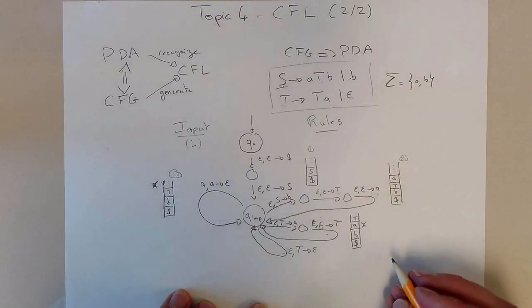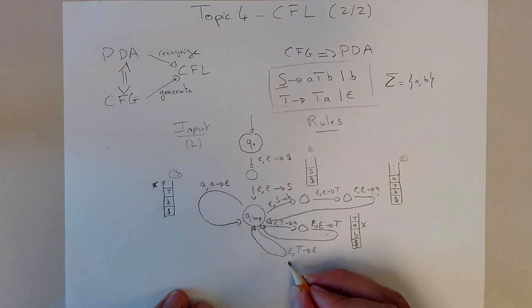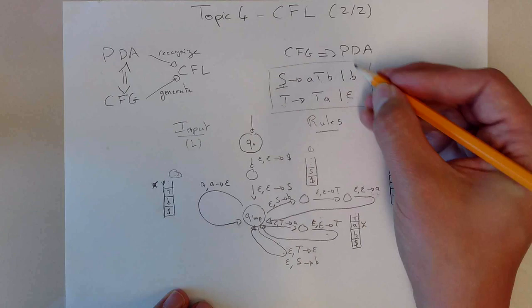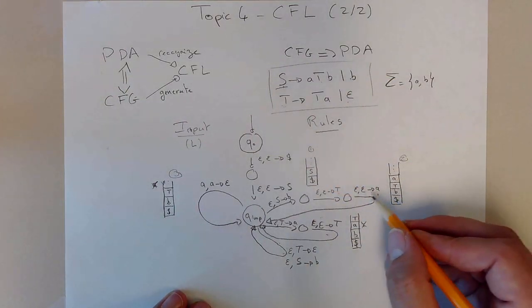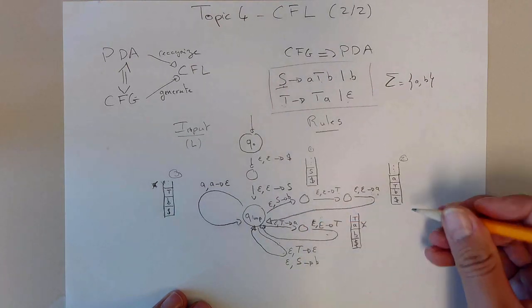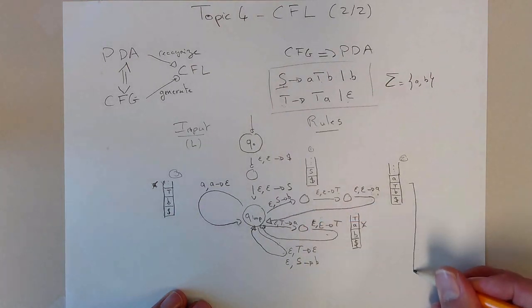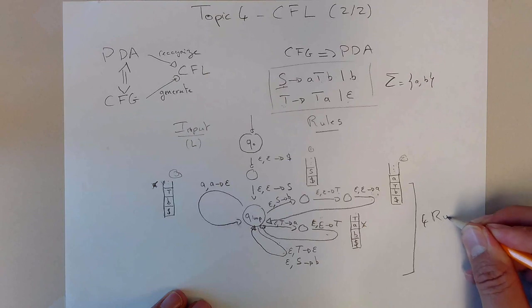That's the epsilon here. I can also read no input, take S out and replace it by B. That's this one. Very straightforward, these two. So that's my 4 rules.